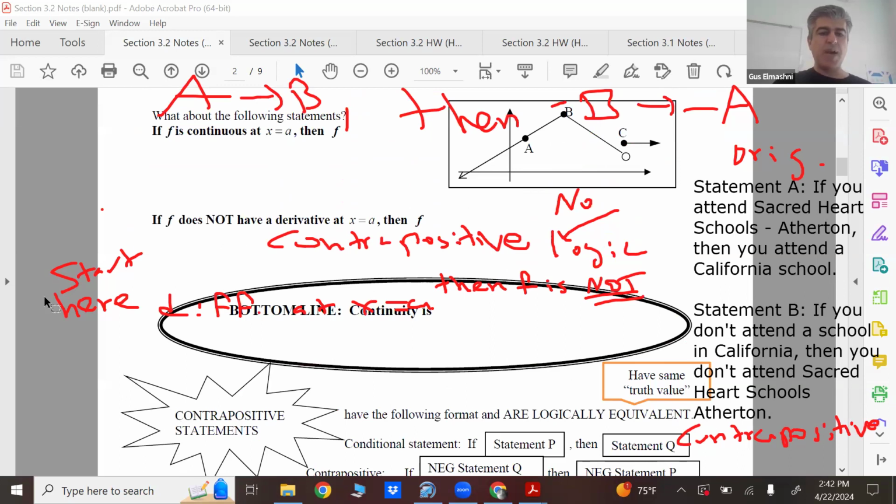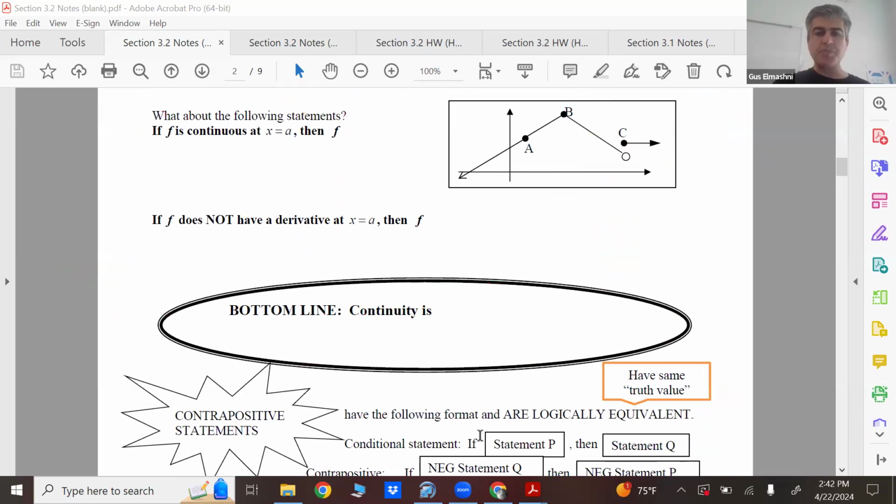And so notice that we talk about contrapositive statements down below. For example, if f is continuous at x equals a, then f is differentiable there, right? If f does not have a derivative at x equals a, then f is not continuous there.